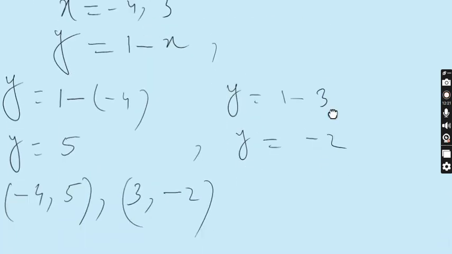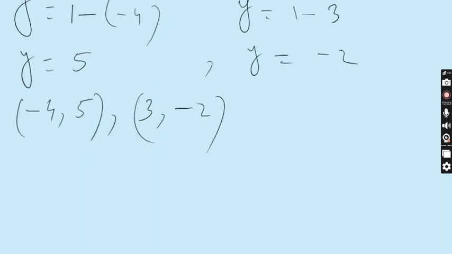Very easy. This is obviously A and this is B. Length or distance means the same thing, both are the same words.